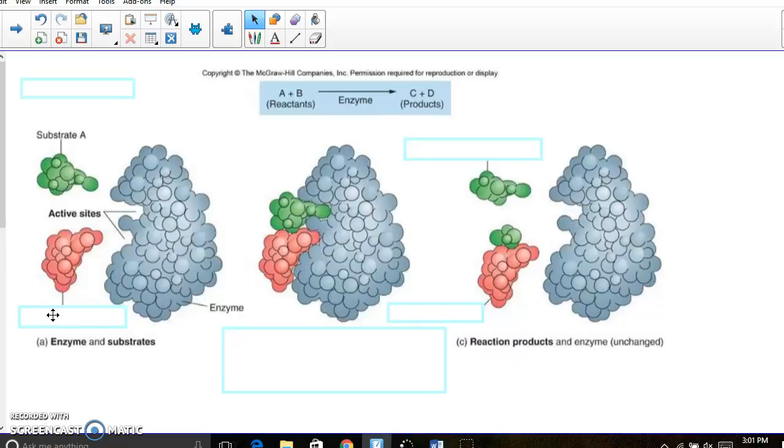Sometimes you're taking 2 substrates and building them into one, or sometimes, like in this one, you're taking 2 substrates and completely rearranging them into 2 different products. So we've got substrate A, substrate B. They both fit into their active site. That's the spot where they bind so that the enzyme can make it easier to break bonds and build bonds.